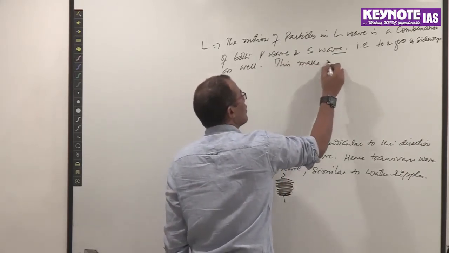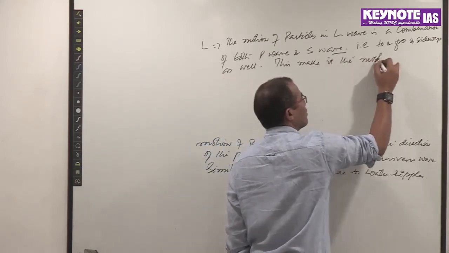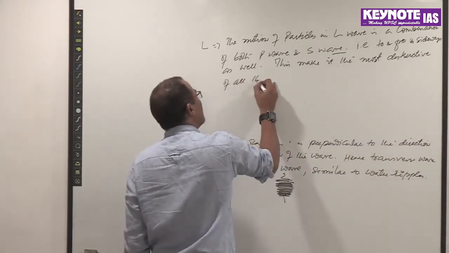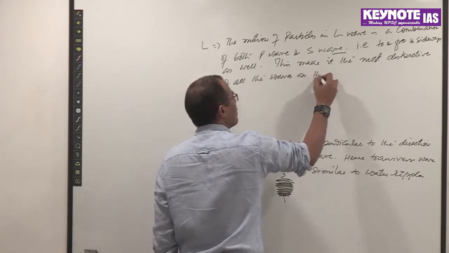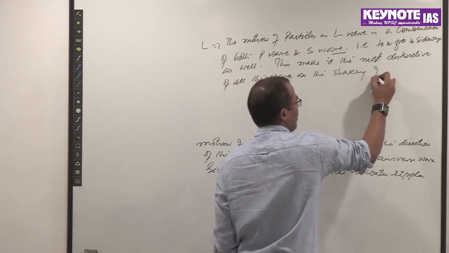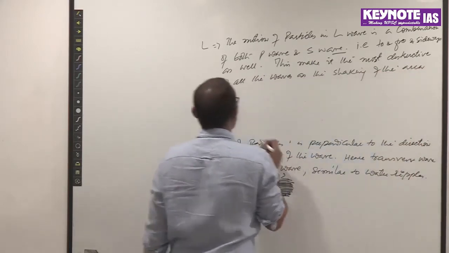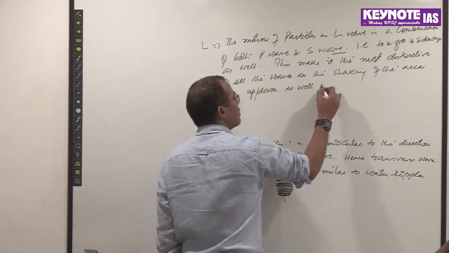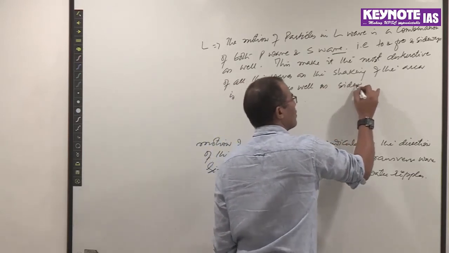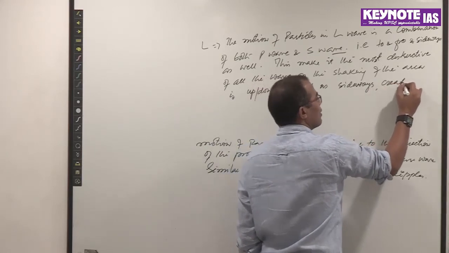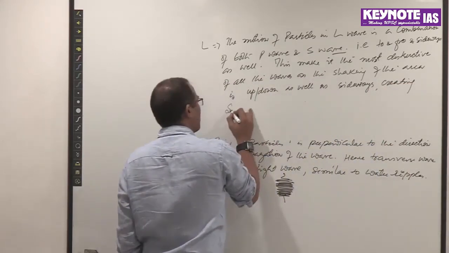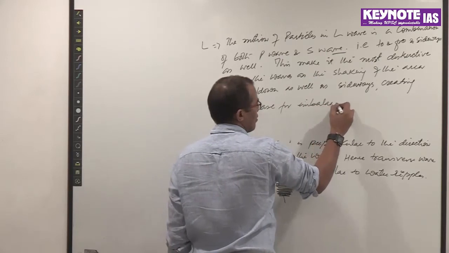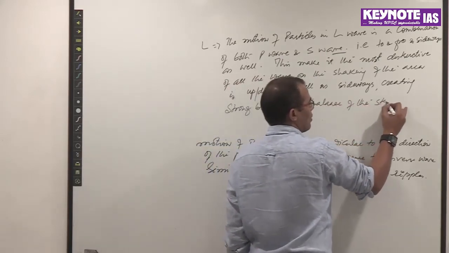This makes it the most destructive of all the waves, as the shaking of the area is up and down as well as sideways, creating a strong base for imbalance of the structure.